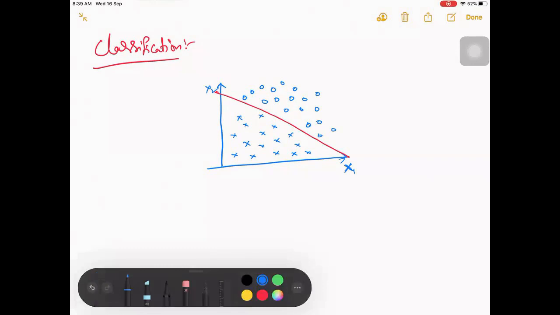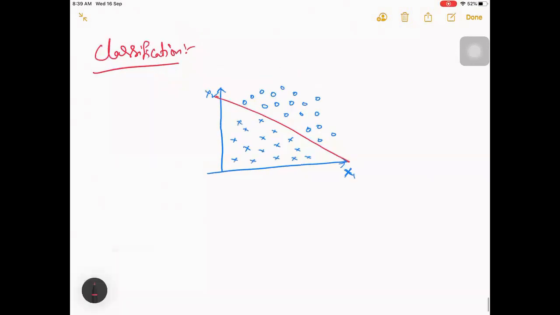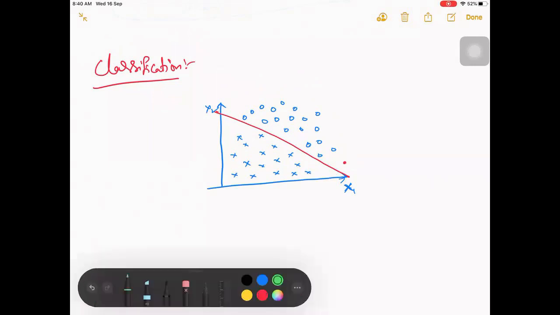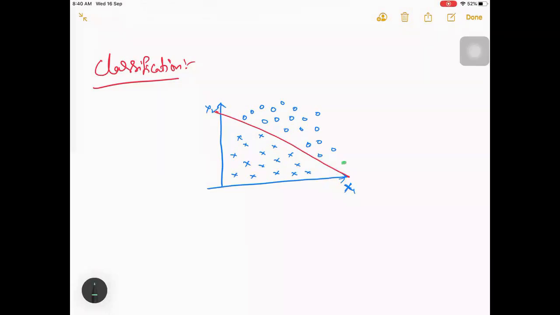In case a new patient has come, and we plot between x1 and x2 parameters from what we got from his test, let's say this value came here, so this is new data. Because we have separated by a line, this side can be having cancer, and this side not having cancer.